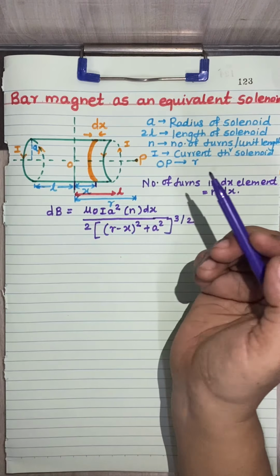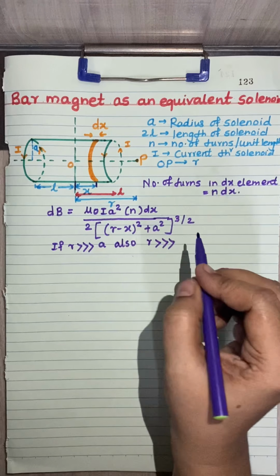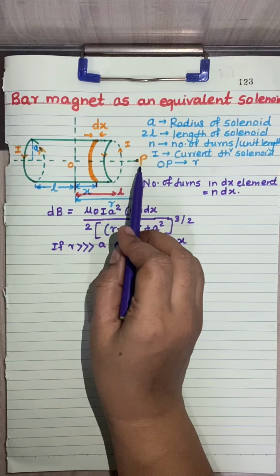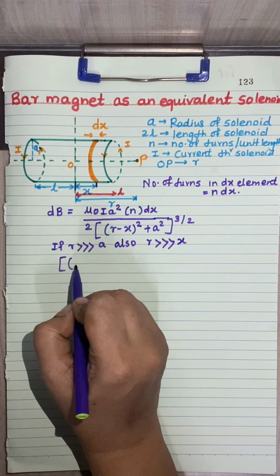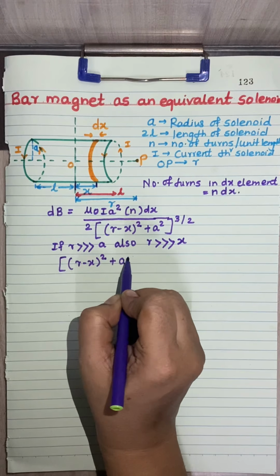Now if this point P lies at a very large distance from O, here I have taken a small distance, but if P lies at a very large distance such that R is greater than A, and also R is far greater than x, because x is the distance of the element from the center O, and R is the distance from the point P to O, then what happens to this bracket, (R minus x) whole square plus a square, raised to 3 by 2?